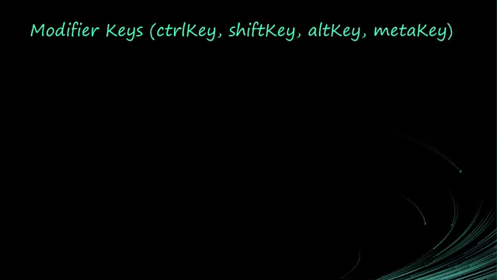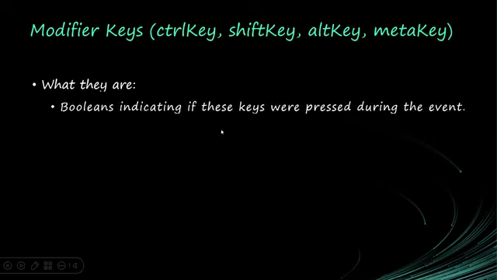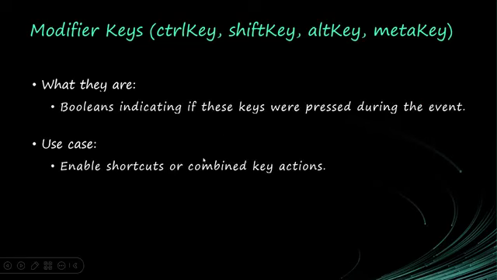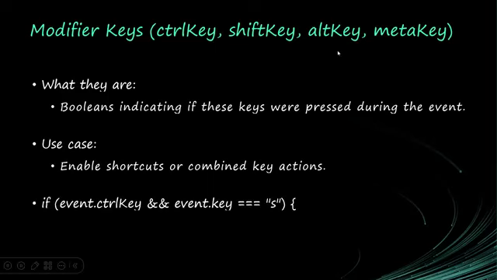You can also check for modifier keys. You can check if the control key was clicked, if the shift key was clicked, or check for the control key, shift key, alt key, and meta key. They will give you true if these keys were pressed. The event.ctrlKey will tell you whether the user pressed the control key, shiftKey will tell you if the user pressed the shift key, and altKey will tell you if the user pressed the alt key.